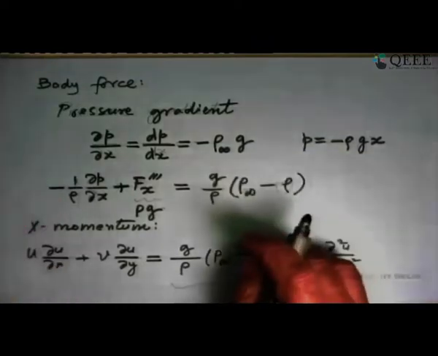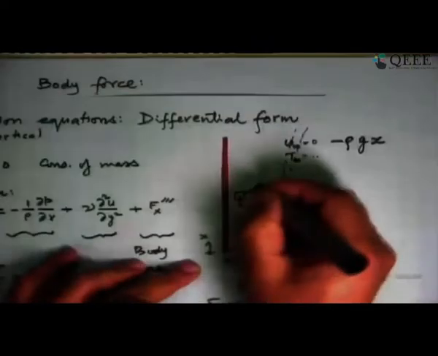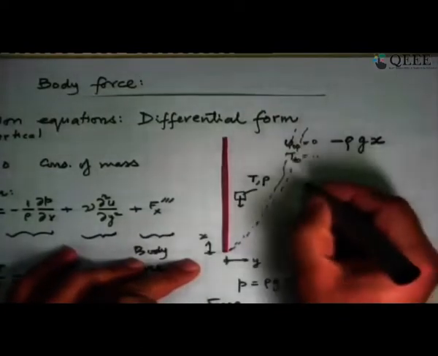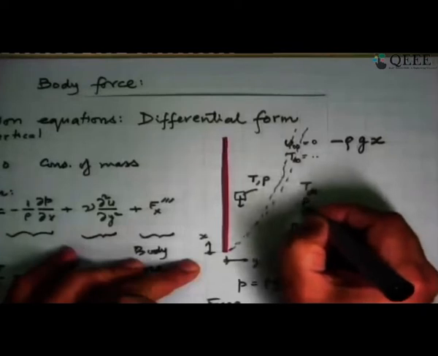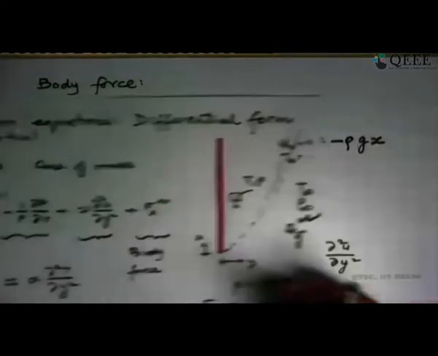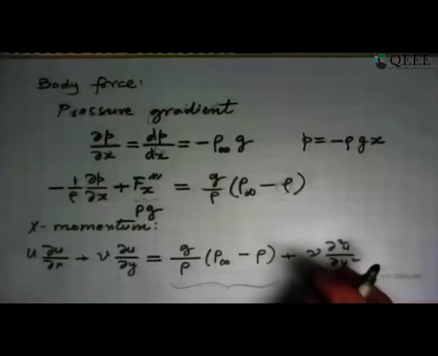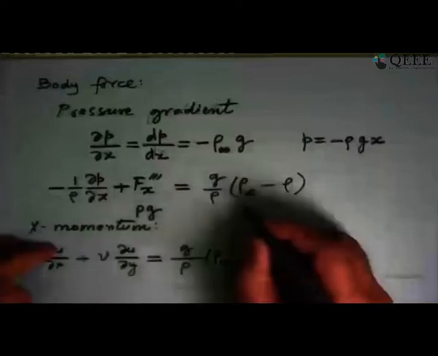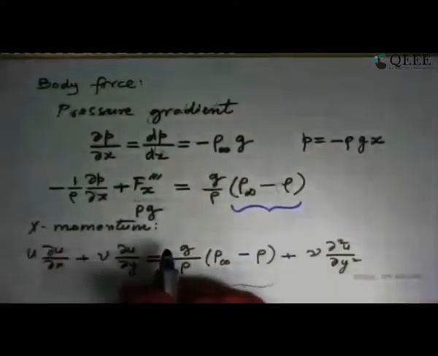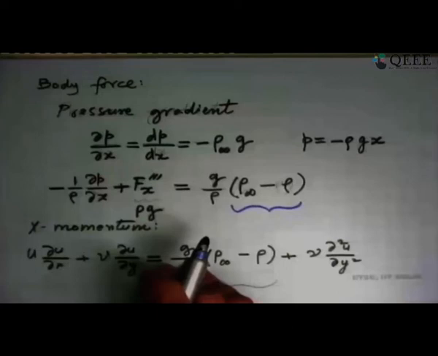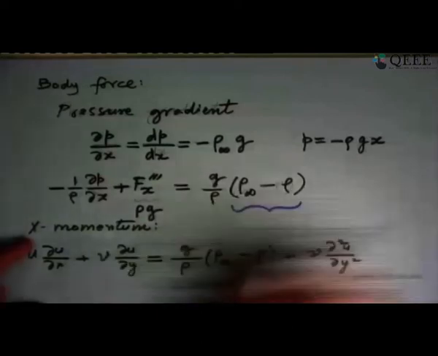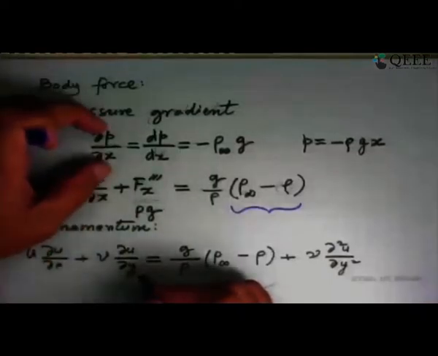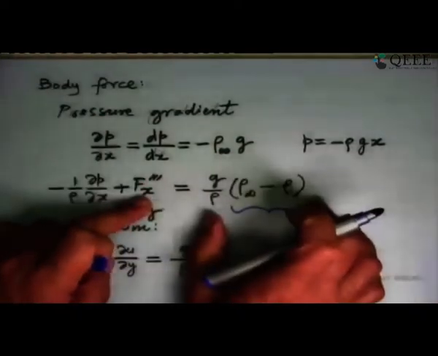Rho is the density of this fluid element, so its temperature is T and its density is rho, whereas far away the temperature is T infinity and the density is rho infinity. So it is a combination of these two that produced this differential term, which we know from school days as being buoyancy. It is actually in reality a combination of the pressure field and the body force that produced this particular combination.